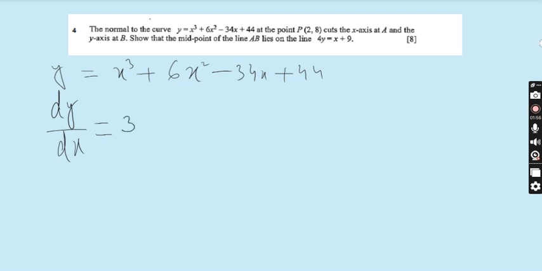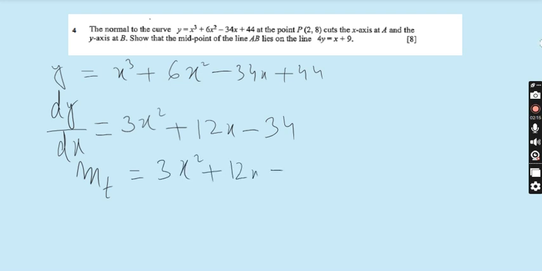X cube derivative is 3x square, plus 6x square derivative is 12x, minus 34x derivative is 34. So dy by dx is assigned mt. M stands for gradient and t stands for tangent. So gradient of tangent is 3x square plus 12x minus 34.